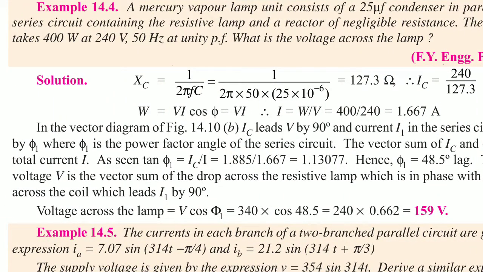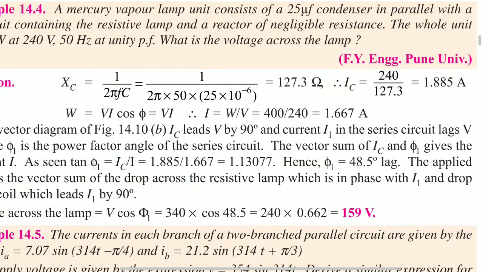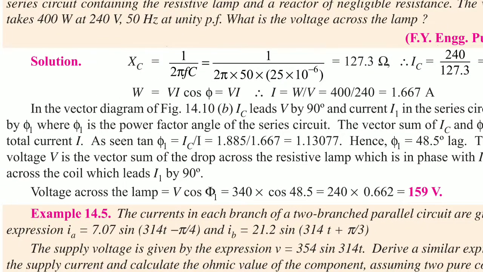The applied voltage V is the vector sum of the drops across the resistive lamp, which is in phase with I1, and the drop across the coil, which leads I1 by 90 degrees. So here the voltage across the lamp is equal to V cos phi 1.